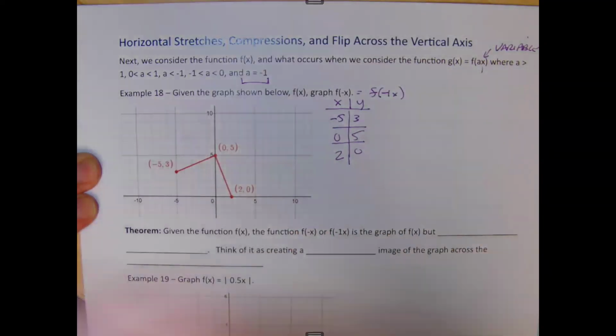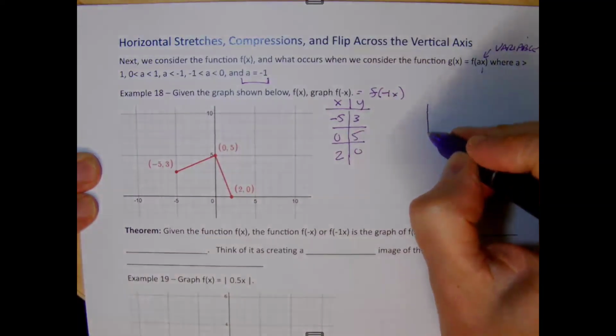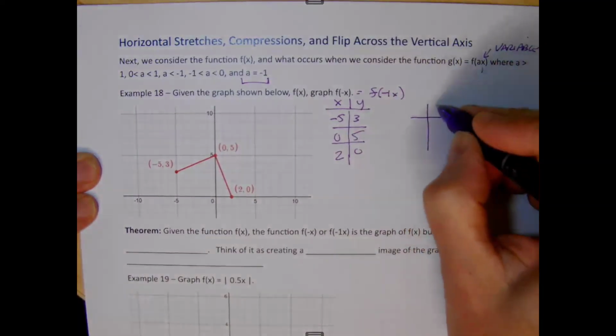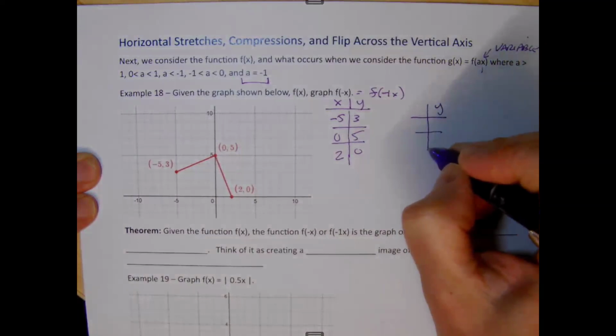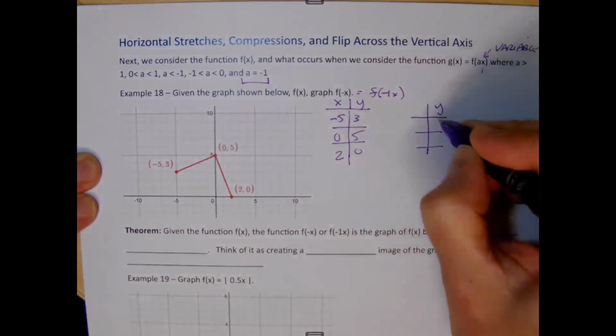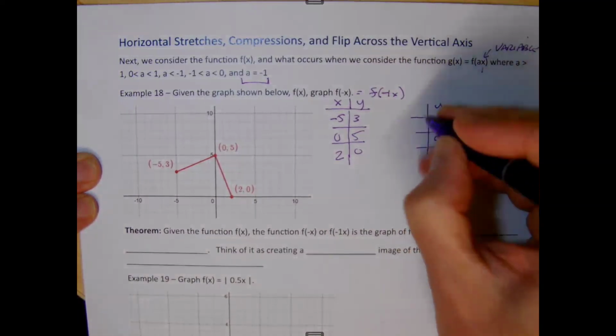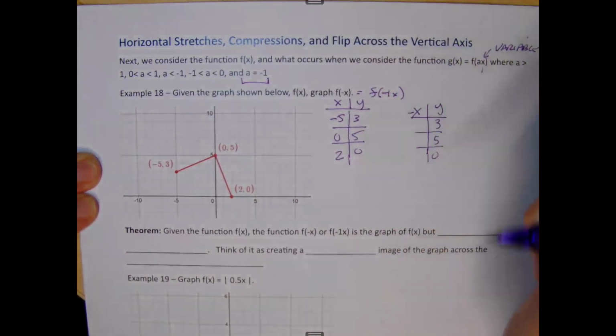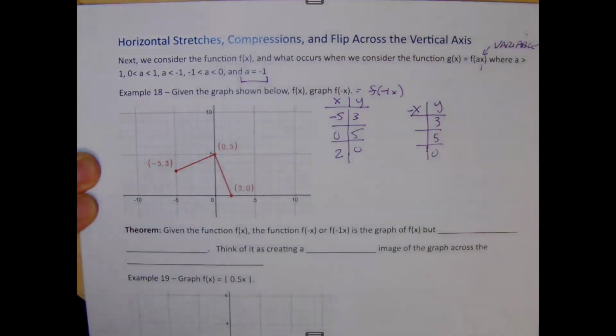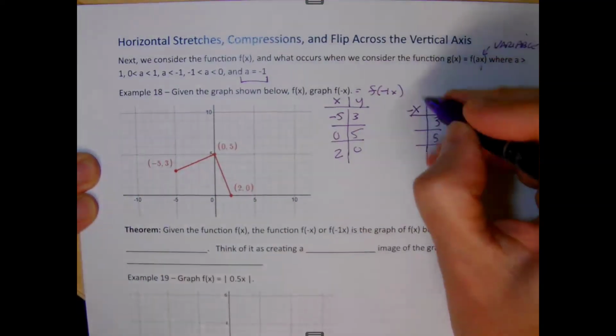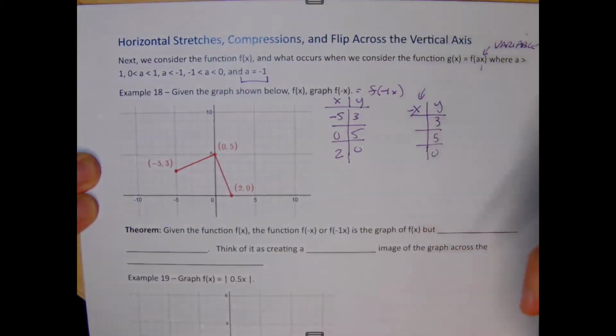And now, what is it that I'm doing? Notice I'm not affecting the y at all. So I'm going to write the y over again. But what am I doing to the x? Well, it looks like I'm not adding or subtracting anything. What I'm doing is entering something in and taking the opposite of it.